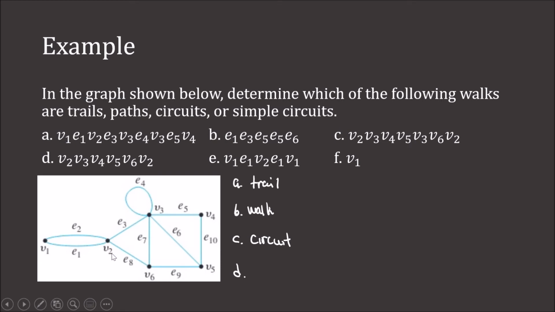We went V2 to V3, over to V4, down to V5, over to V6, back to V2. None of the edges were repeated. None of the vertices are being repeated except for V2. So not only is it a circuit, this is a simple circuit.